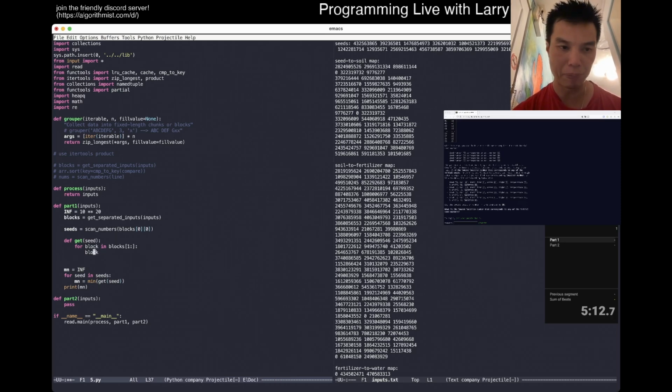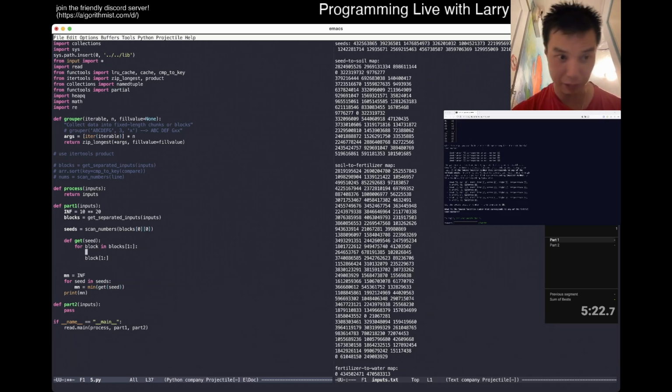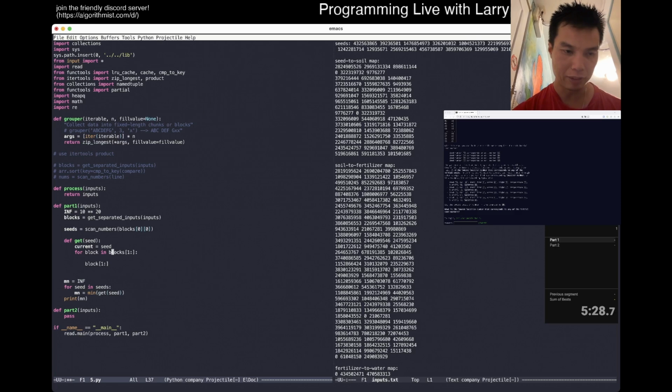So for each block from the first one on, and okay, so then now for each block in blocks, okay. Current is equal to seed, current is equal to get block of current, right? And return current.